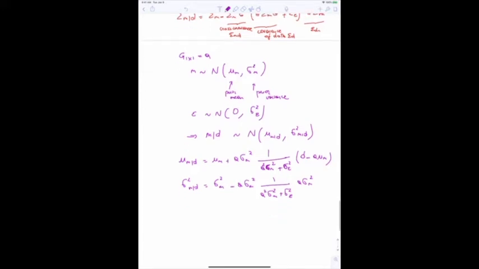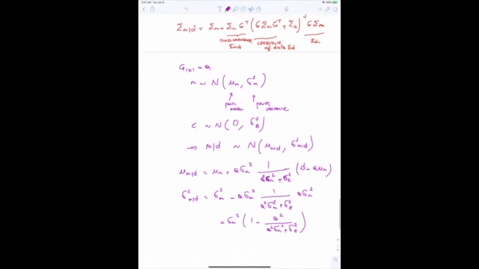In this case, if you want, you can factor out sigma m squared. You get 1 minus A squared sigma m squared divided by A squared sigma m squared plus sigma epsilon squared. So you're going to apply these two equations in the homework.